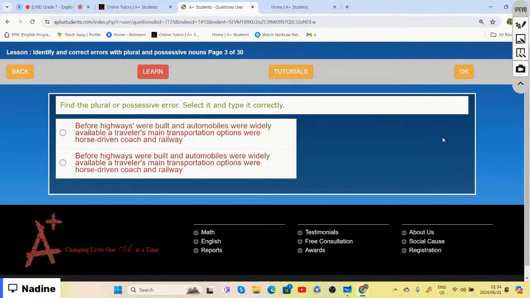We need to choose the correct possessive error or plural error.